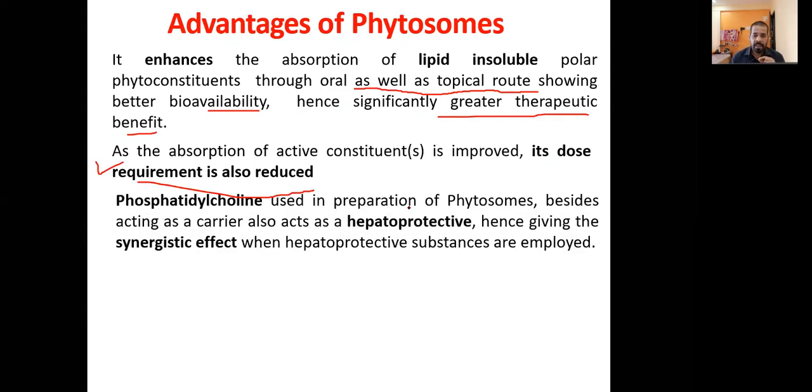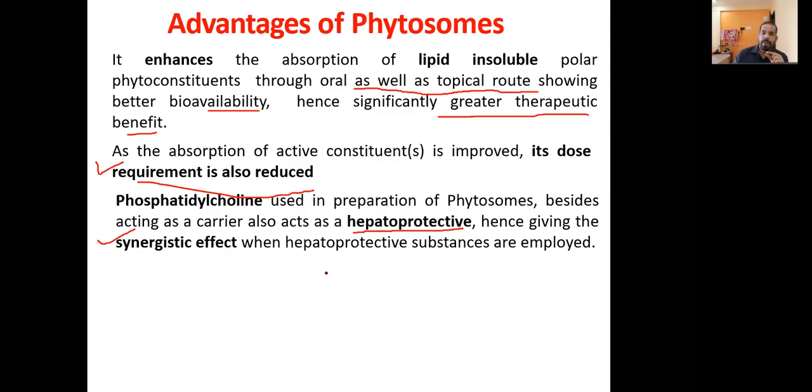Then phosphatidylcholine used in the preparation of phytosome, besides acting as a carrier, also acts as a hepatoprotective, and hence a synergistic effect is seen when hepatoprotective substances are employed. So phosphatidylcholine itself acts as a hepatoprotective.